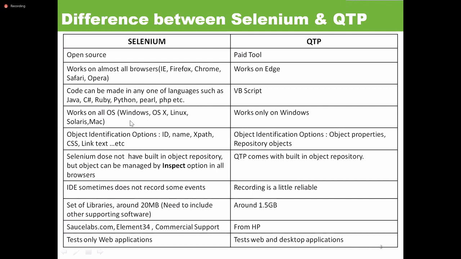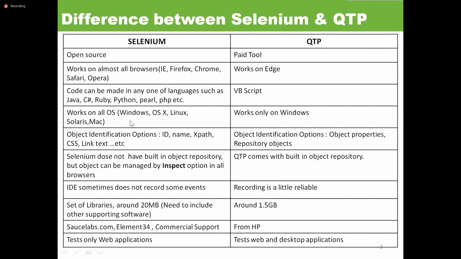Every tool has its own features and its own drawbacks. We cannot say that this is the one best tool. As per the project requirement, it depends on which tools need to be used.